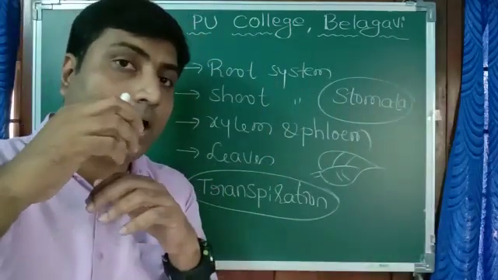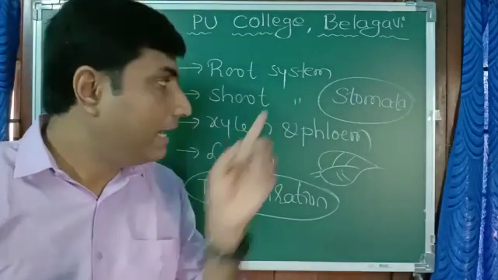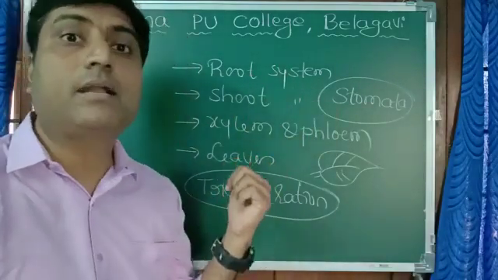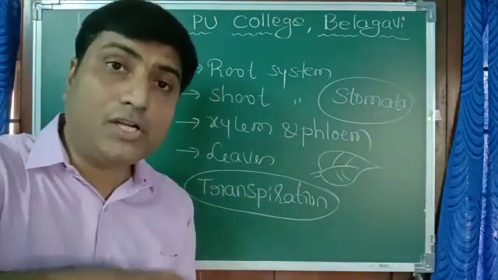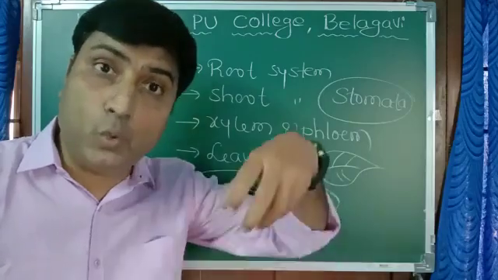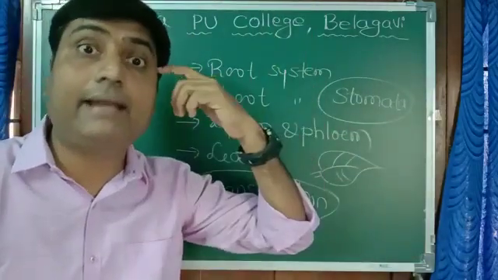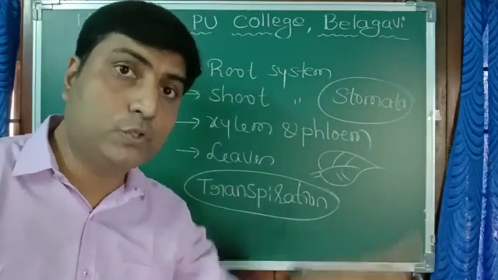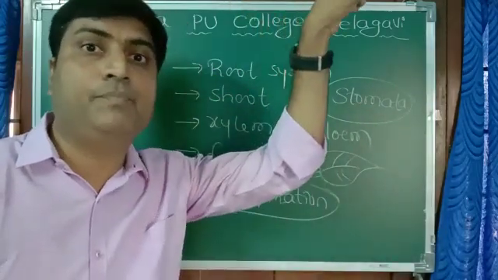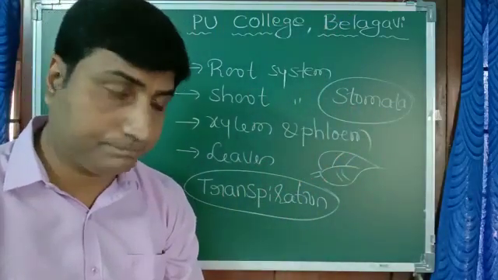Through these stomata, water escapes in the form of vapor, and that process is called transpiration. It is because of transpiration that water gets absorbed by the roots and can climb to heights like a coconut tree, groundnut tree, banyan tree, where the water from the soil should reach the tip of the tree, and that is achieved by the process of transpiration.